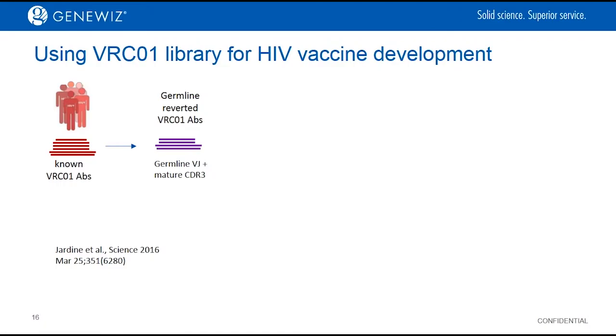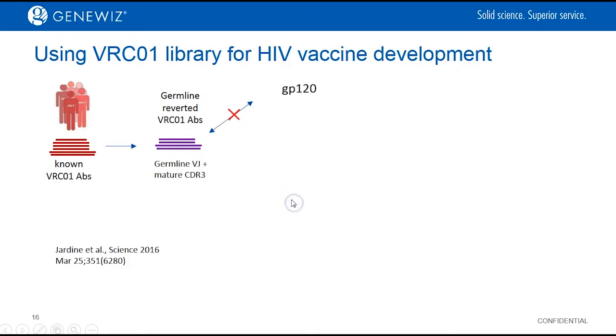The researchers from the Scripps Institute adopted a vaccine priming strategy, which consists of activating B-cell precursors with antigen. In the first step, they engineered germline reverted antibodies that contained germline VJ genes and mature CDR3 regions.